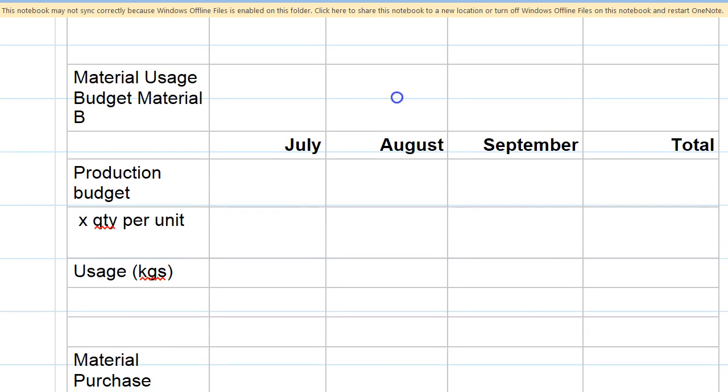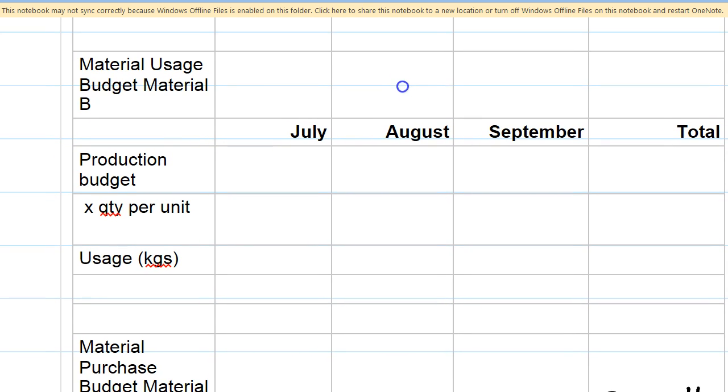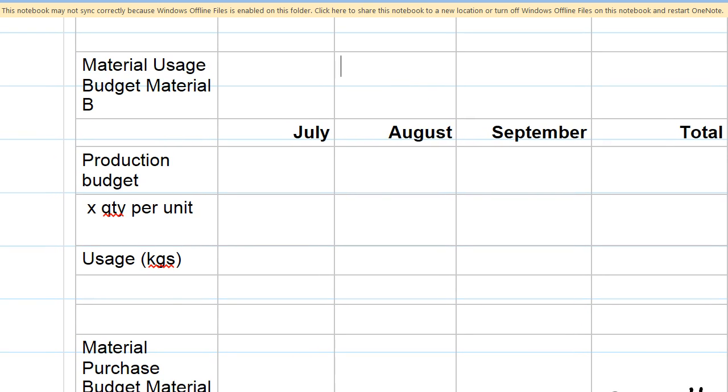I then have to go and have a look at material B. Do exactly the same thing. So for material B, I know what my production budget is. Go right back to the production budget. For July, my production budget, 12,600 units. This is in units.